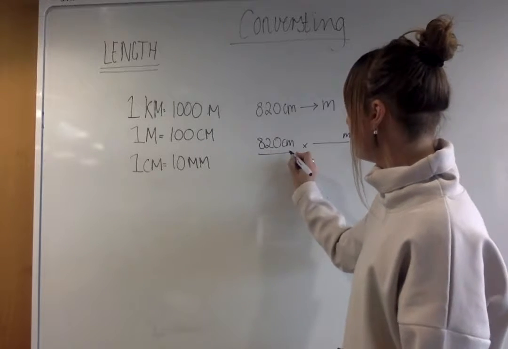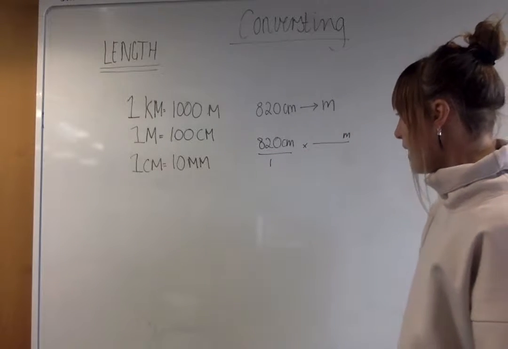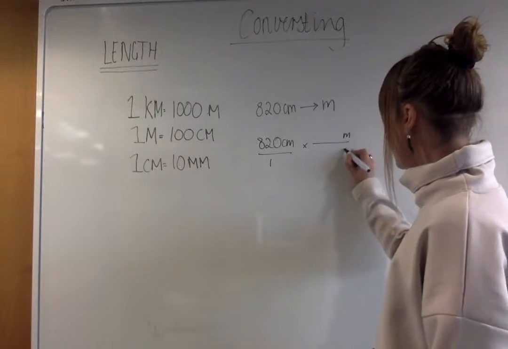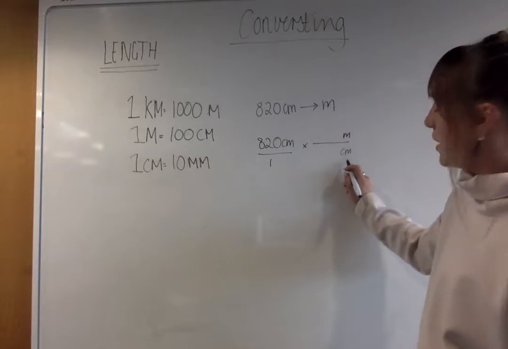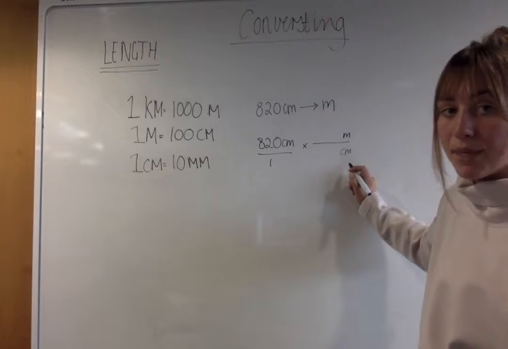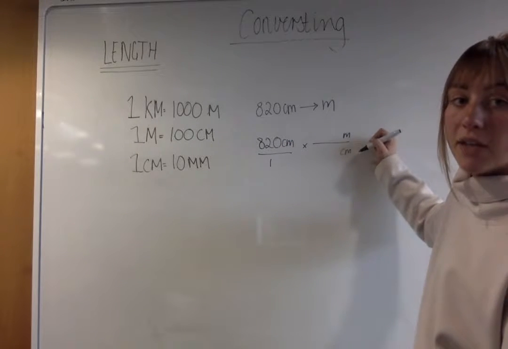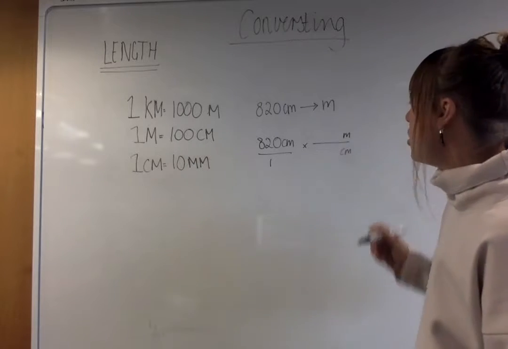We always have to put our value over 1 as a fraction, and when multiplying fractions, we have to put our centimeters on the bottom because these are going to cancel and we're going to be left with our meters, which is what we want.